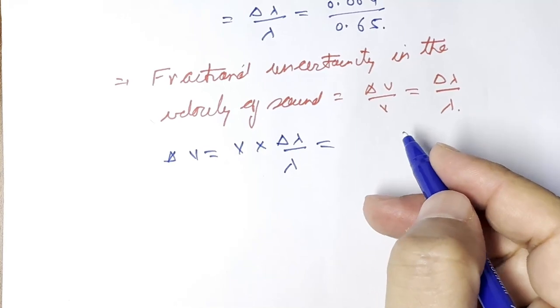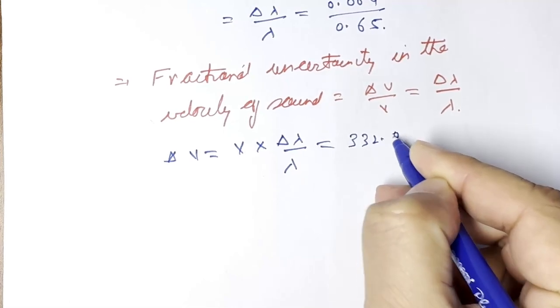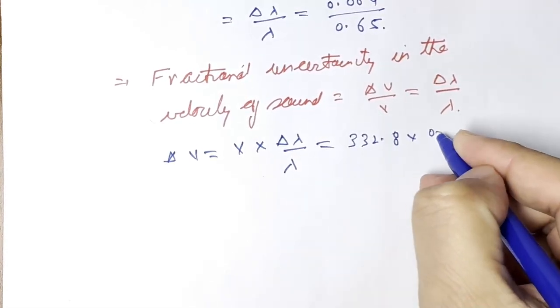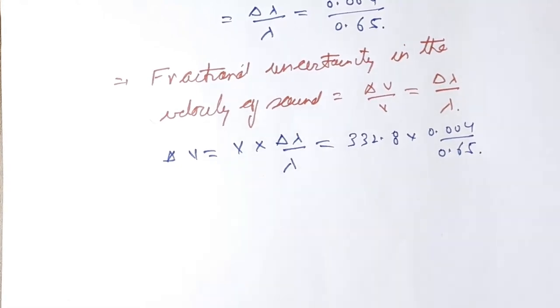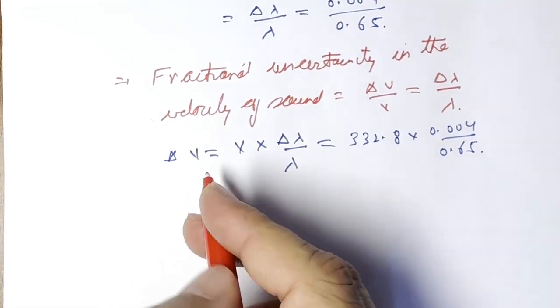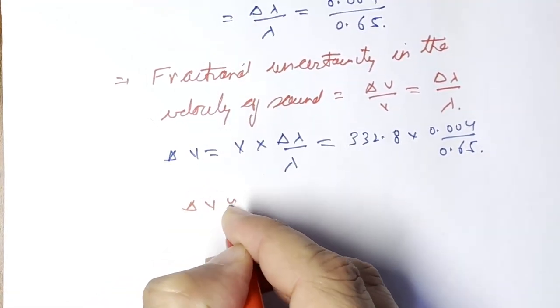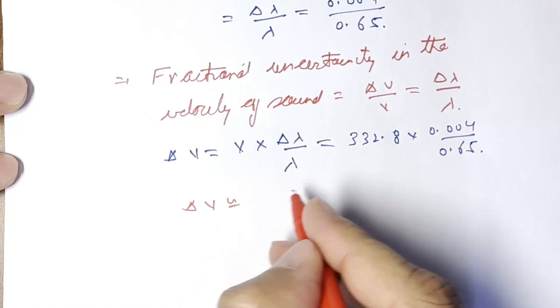V we already calculated is 332.8, multiplied by 0.004 divided by 0.65, and this comes approximately equal to plus minus 2.05 meter per second.